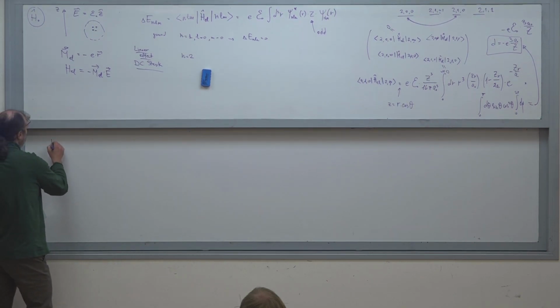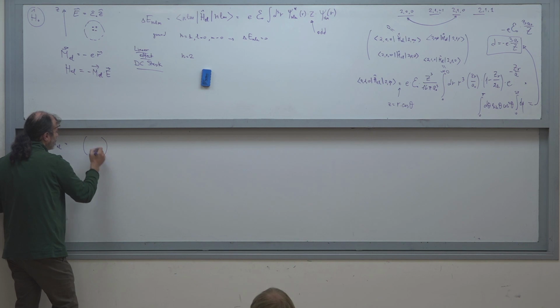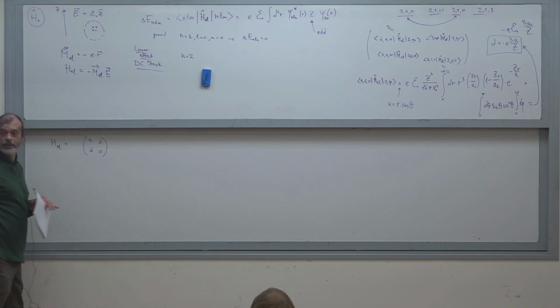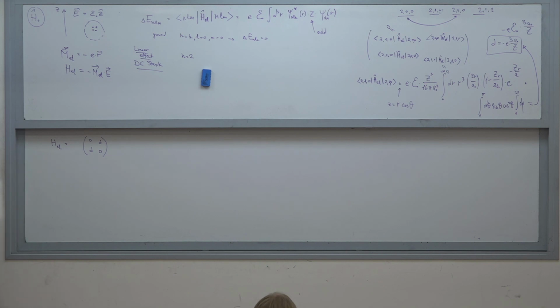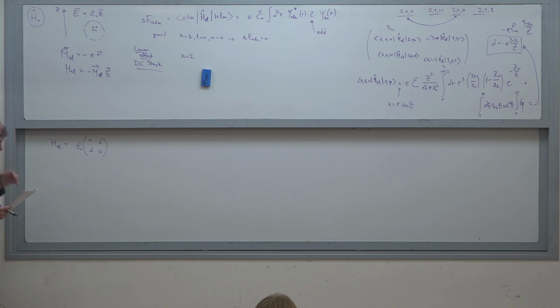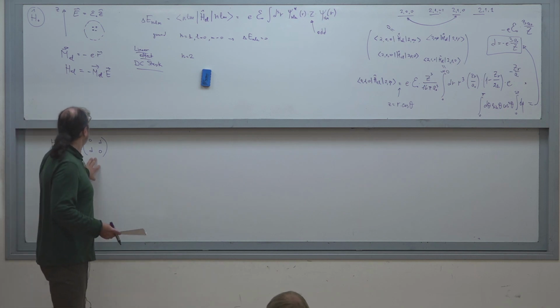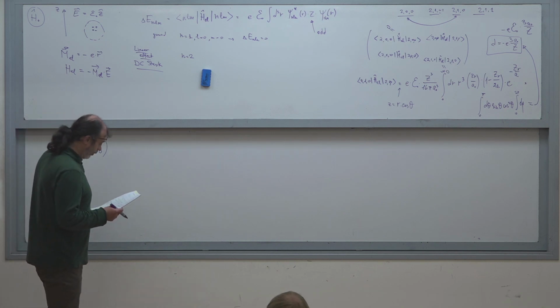The Hamiltonian of this interaction will be equal to this matrix, which is 0 on the diagonal and d off the diagonal, multiplied by the amplitude of the electric field. That's the only thing left after all this complex start.